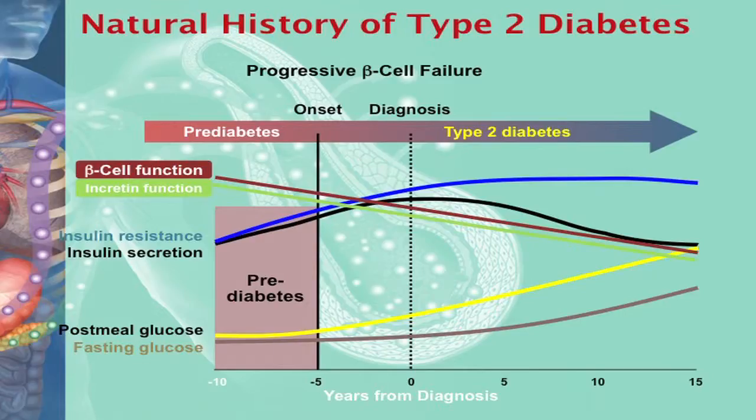Importantly, when we talk about agents that are independent of changes in beta cell function, it means that we are now talking about agents that are capable of acting on hyperglycemia anywhere it appears in the natural history of this disease, as long as the kidneys are adequately functioning. That's a new approach and an important one.